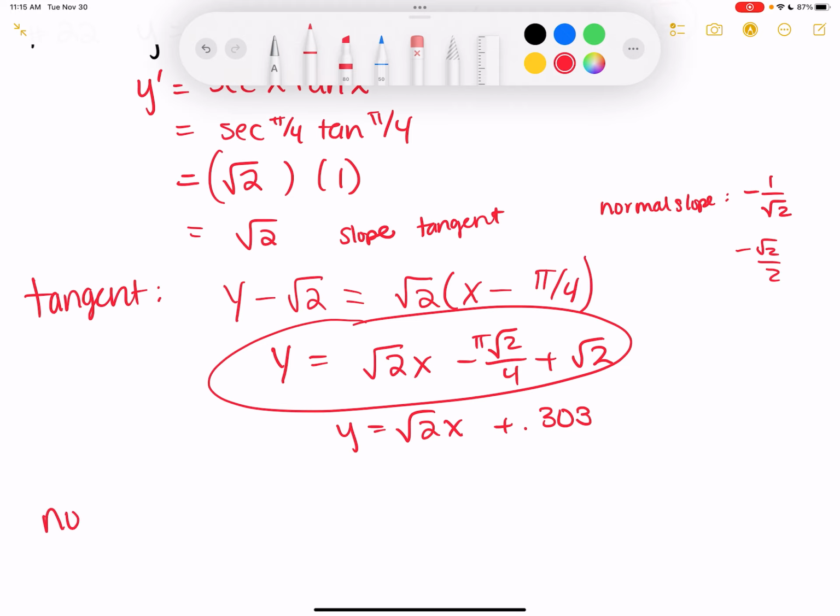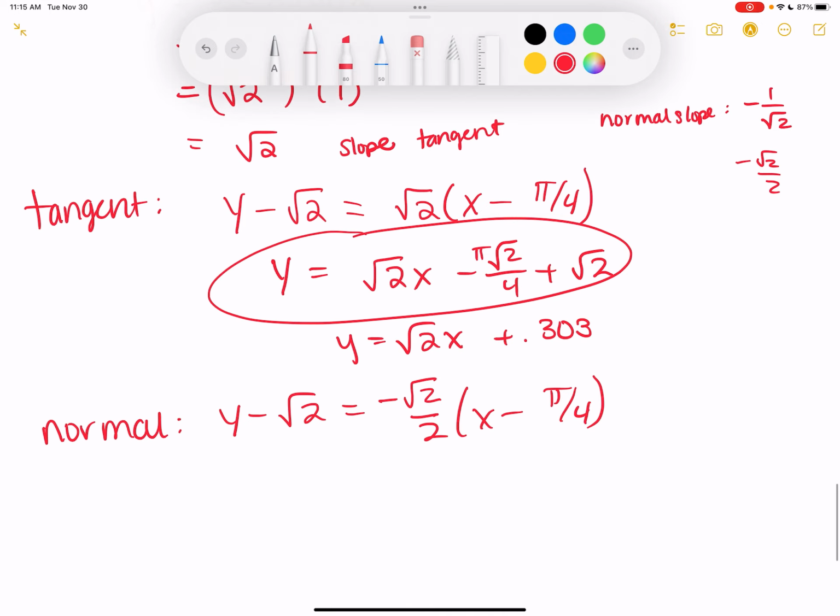So same thing for the normal line, just with the other slope. y minus the square root of 2 is equal to negative square root of 2 over 2 times x minus pi over 4. So y is equal to negative square root of 2 over 2 x plus pi root 2 over 8 plus the square root of 2.